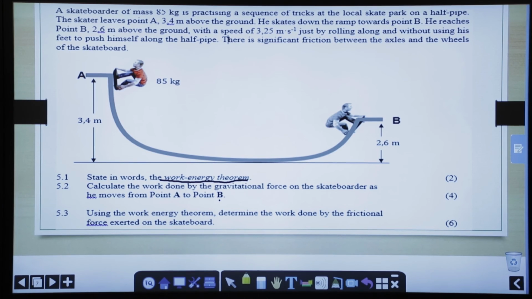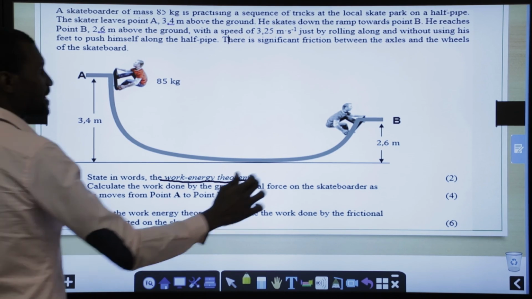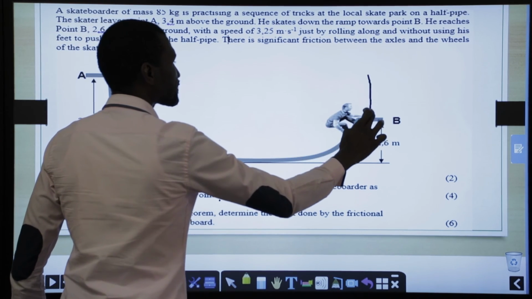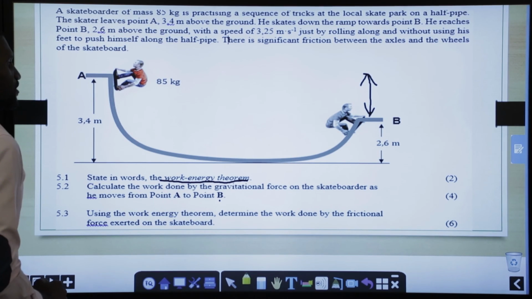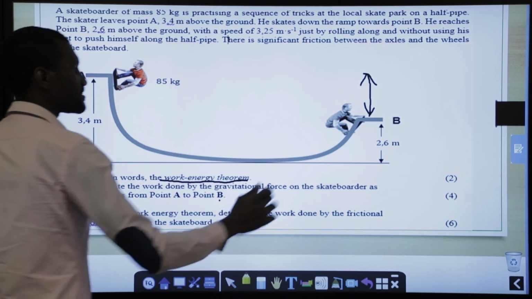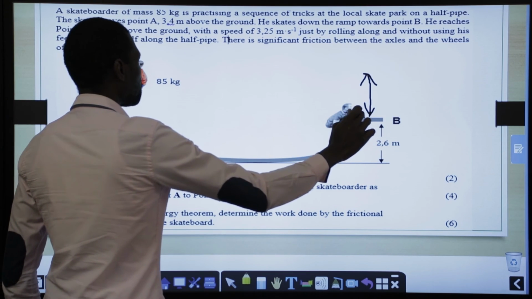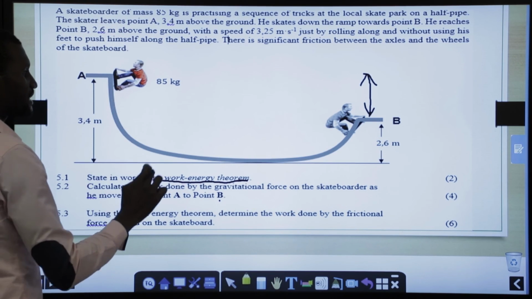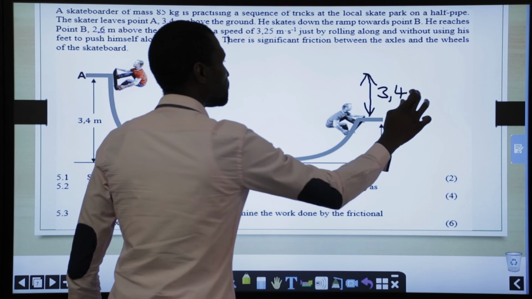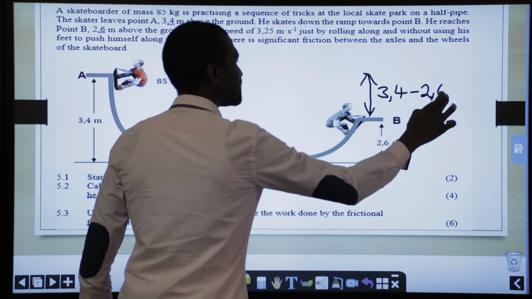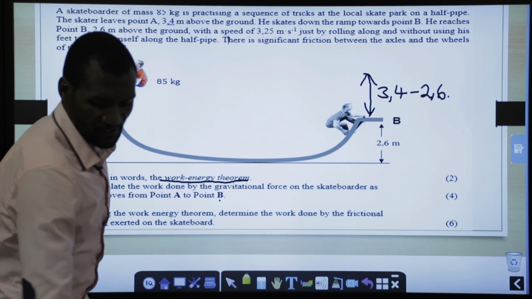Now, if you think of it and you look at this situation, the work done by the gravitational force is done over a distance of, tell me quickly, is it 3.4 minus 2.6? What do you get from that?